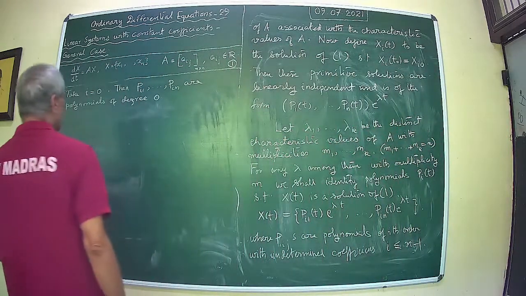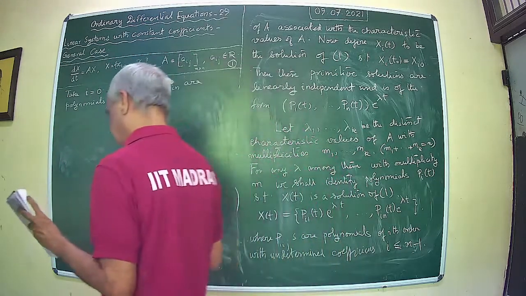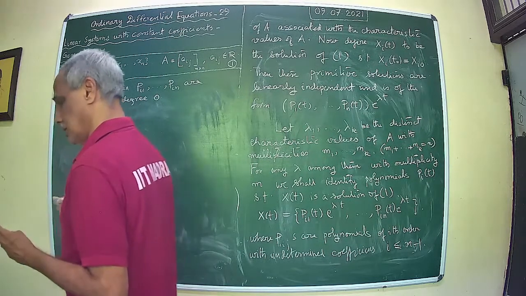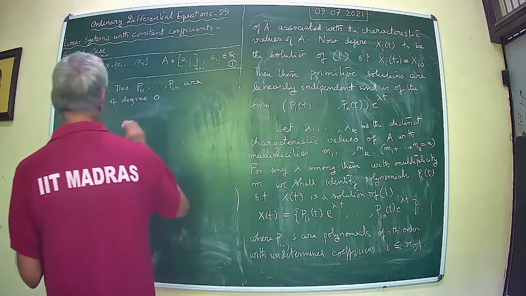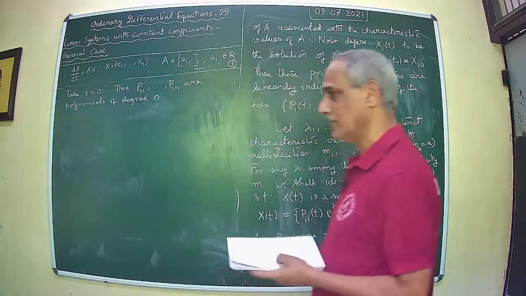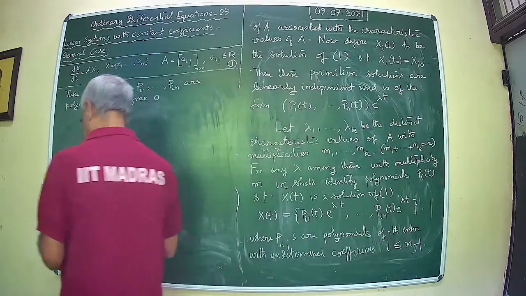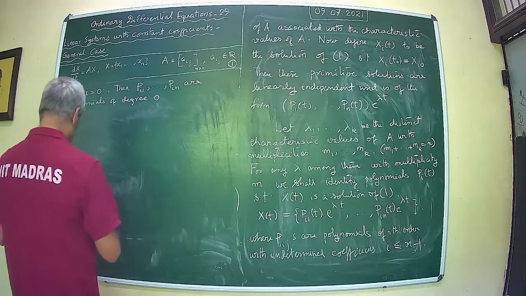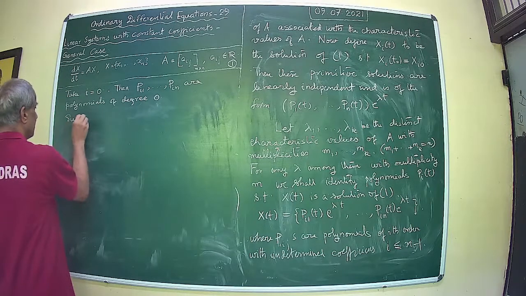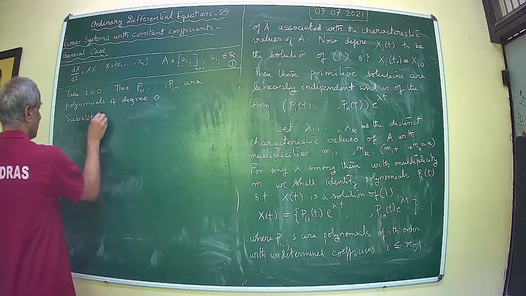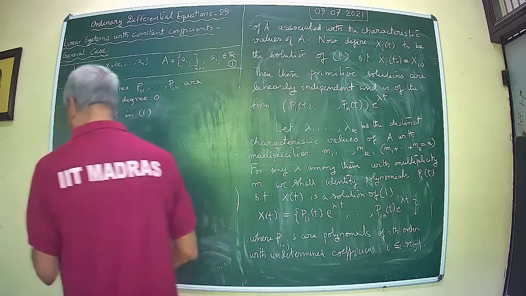That means in the first stage it is going to be a vector of the form x1, x2 up to xn multiplied by e to the power lambda t. Then substitute in equation 1.